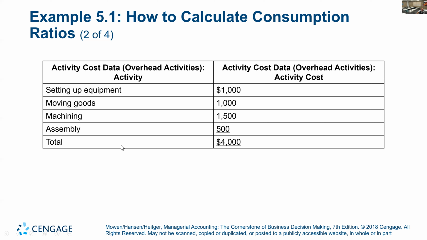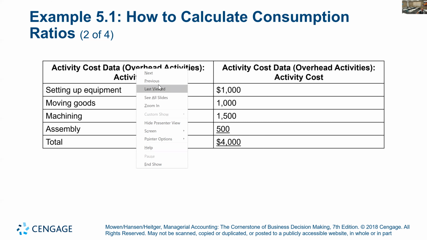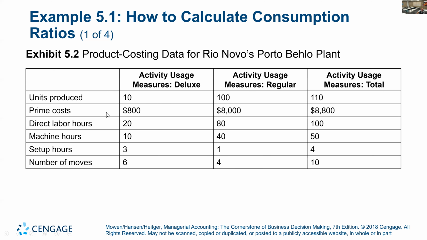So we have 4 activities here. The labor hours, the machine hours, the setup hours, and the number of moves are called our activity drivers. We need to estimate how much under each activity is going to be used.